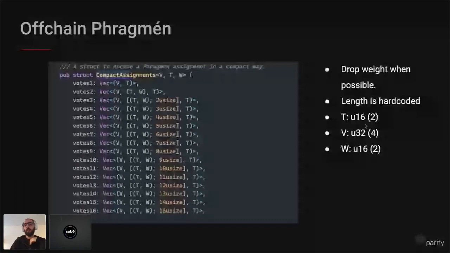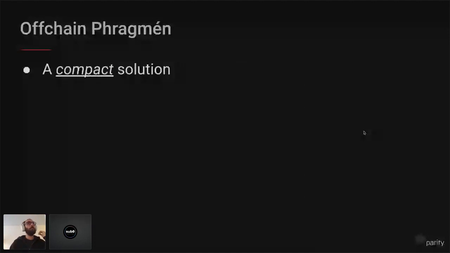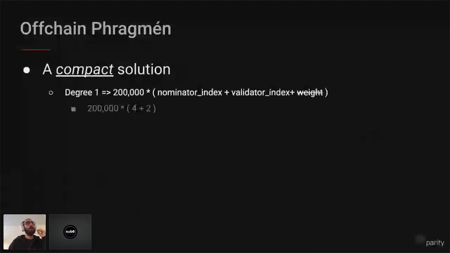The index of validators can be at most U16, which means there's a limitation at the moment for the number of validators that can exist, but that's way in the future until we hit that limit. And nominators can be U32, which is a lot bigger.